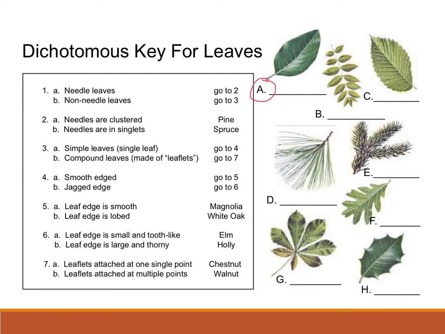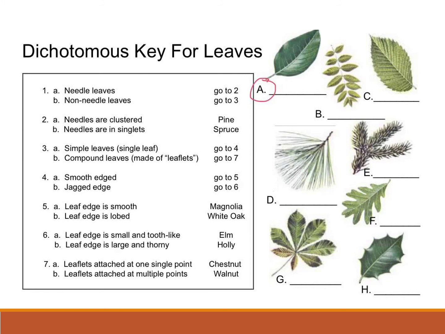So if we look at the first question, first of all, pick one of the different leaves. So if you want to go with A, have a look at that and go needle leaves, no needle leaves. Okay? A needle leaf, we could say no needle leaves on this one. So it says go to question 3. Okay? Simple leaves, aka a single leaf, or compound leaves made of leaflets. In this case here, we would say it's a single leaf.